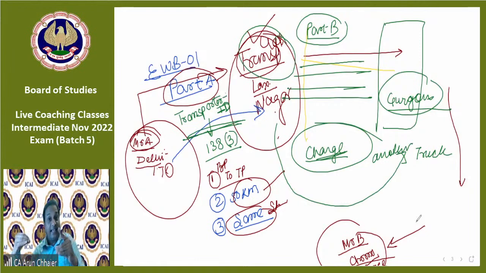So Mr. A has taken the relaxation not to add the part B. Fine. Transporter within the state, distance 50 kilometer, and from business place to the transporter place. Okay. Now the transporter is moving the goods finally to the ultimate location, to the consignee. He has to give the details in the part B. He has to give the vehicle number 1 in the part B.